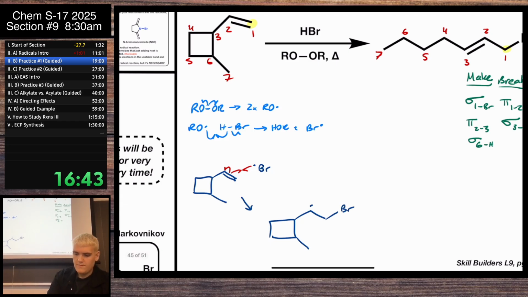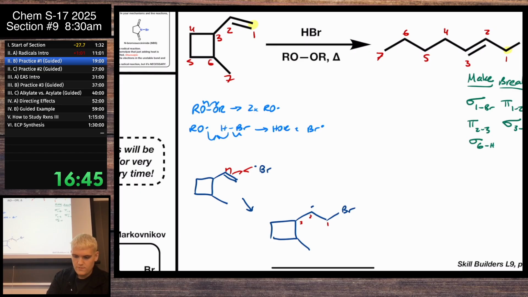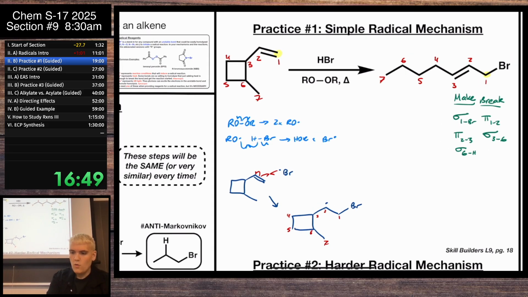Cool. So we have 1, 2, 3, 4, 5, 6, 7. So in our goals list, we can check off we have made our 1 bromine, and we have broken our pi 1, 2. Already accomplished 2 goals.